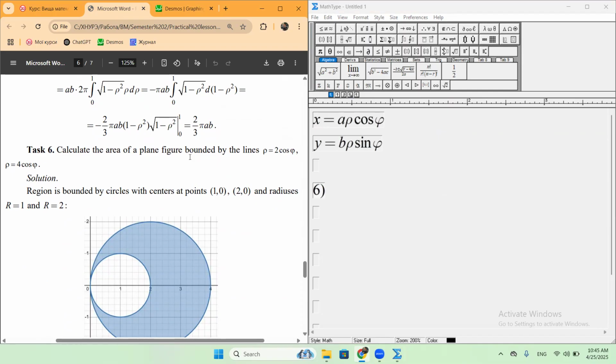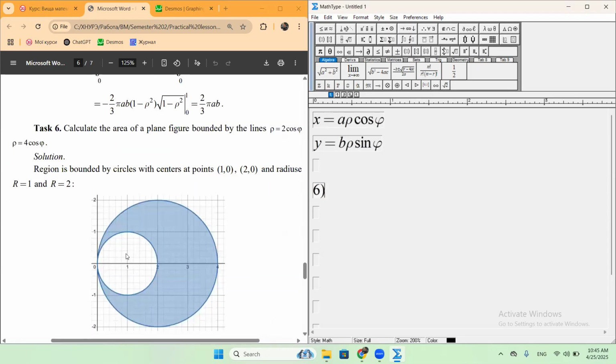We already have polar coordinates here, so we don't need to transform circles. And by the way, we already have a graph of this region.